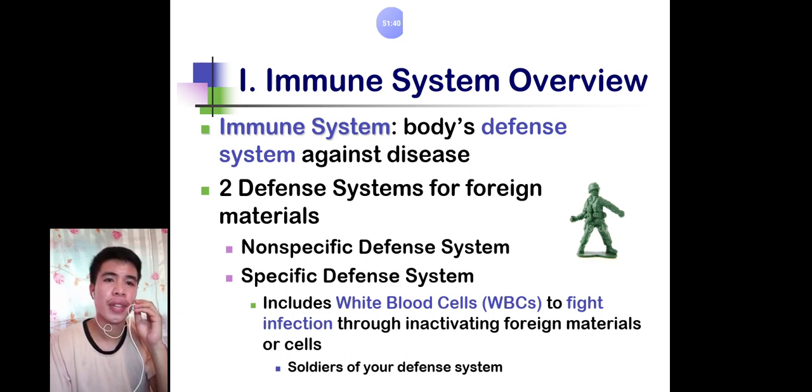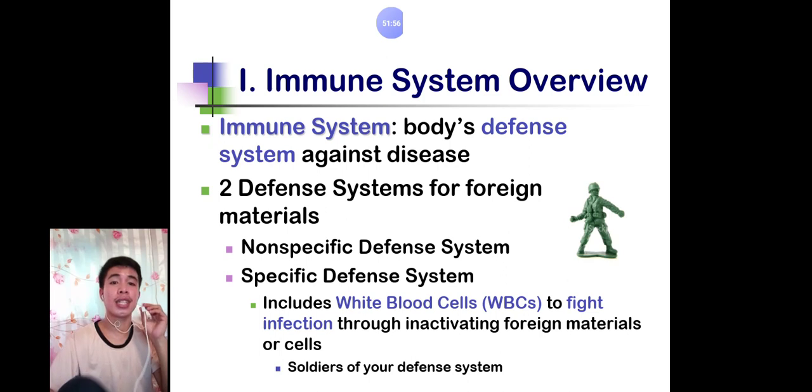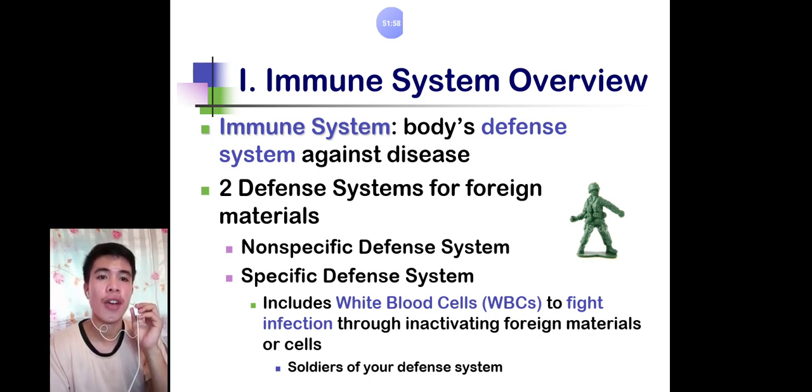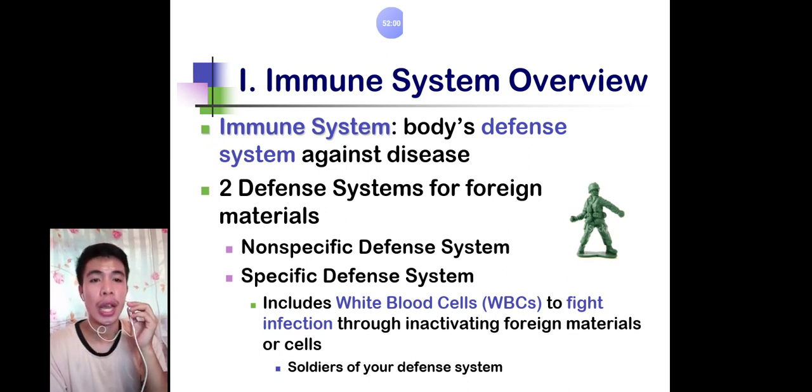We have two defense systems for foreign materials, the non-specific defense system and the specific defense system. It includes the white blood cells or WBCs to fight infections through inactivating foreign materials or cells. The white blood cells are the soldiers of our defense system.